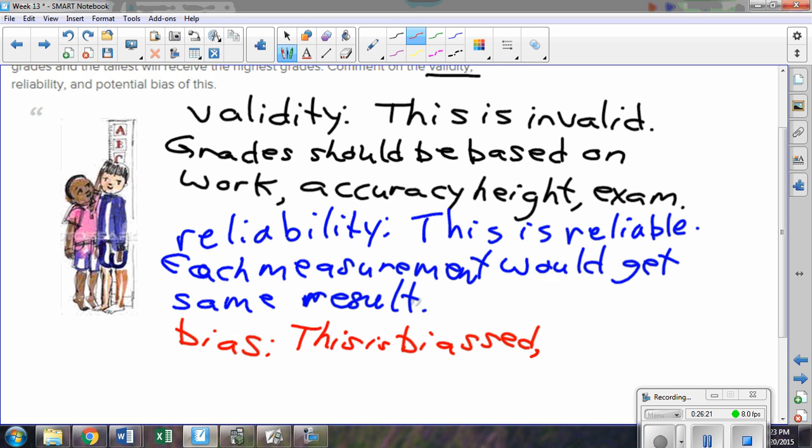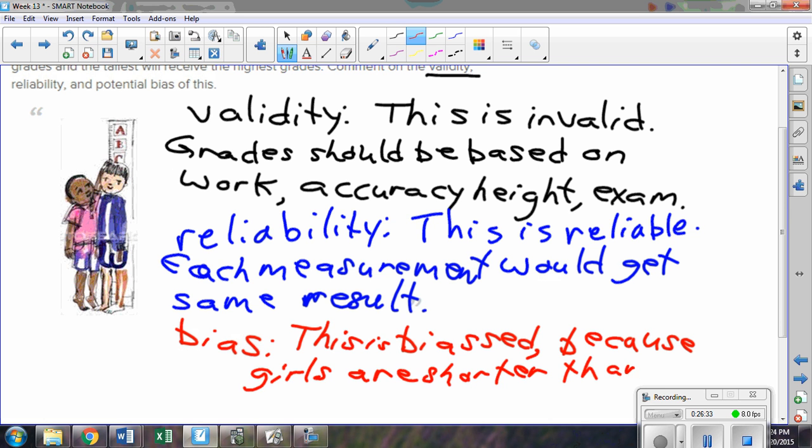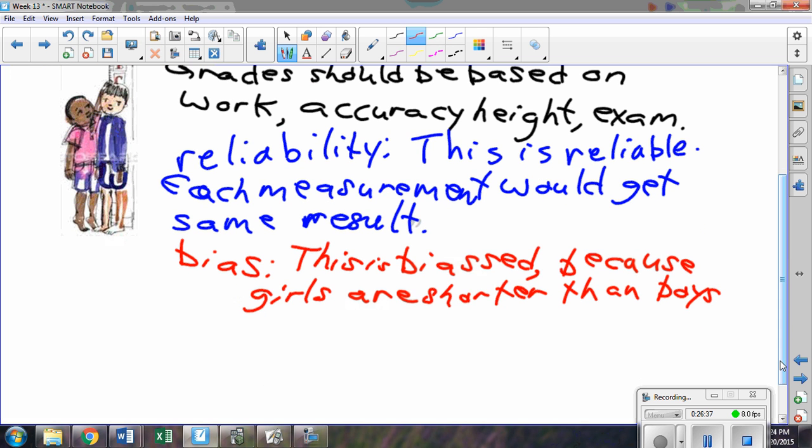This is biased because girls will be shorter than boys. And because the girls are consistently shorter than the boys, it means they get a consistently lower grade, which is a consistent inaccuracy.